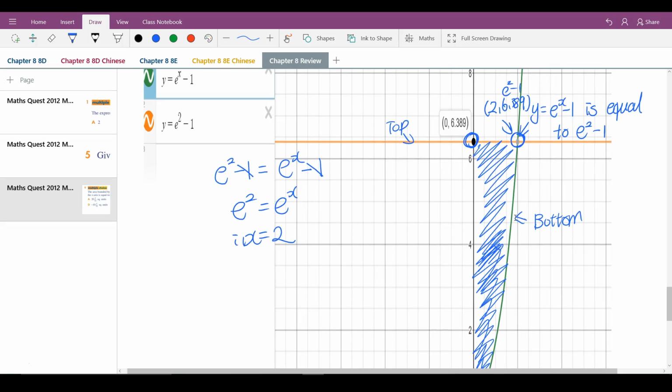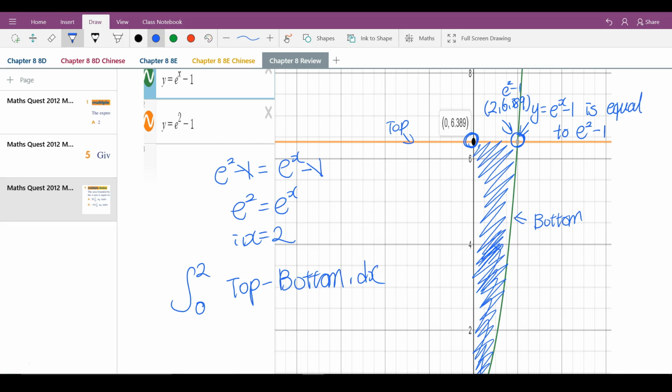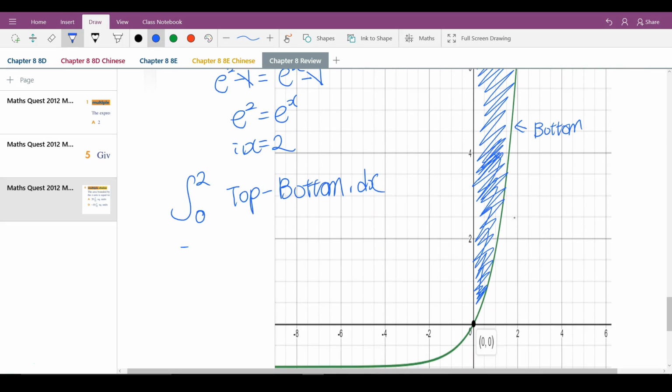Let's start solving the equation. We're solving from 0 to 2, the top equation minus the bottom, integrating with respect to x. The top function is y equals e^2 minus 1, minus our bottom function, which is e^x minus 1, integrated with respect to x.